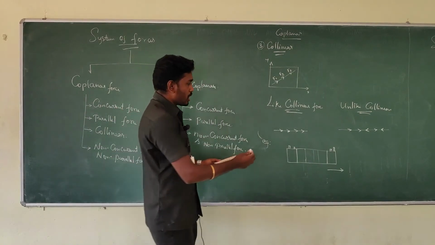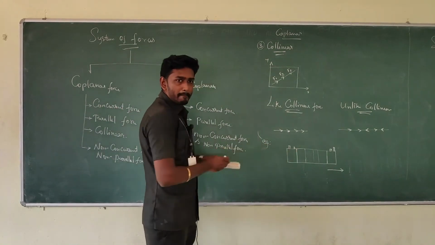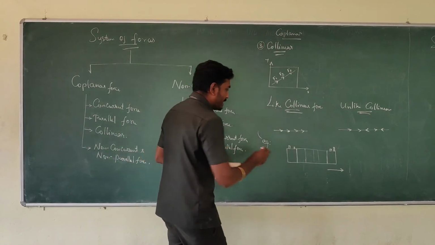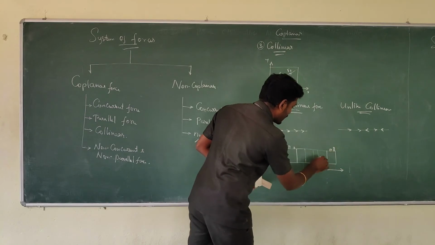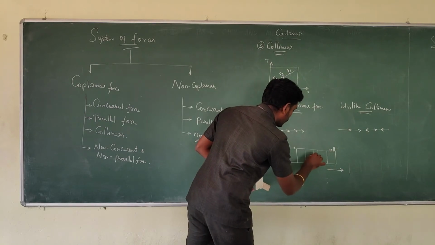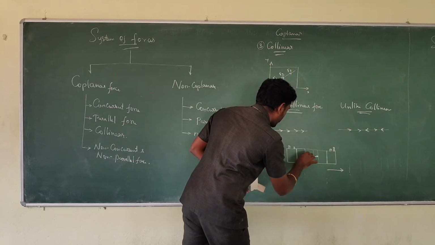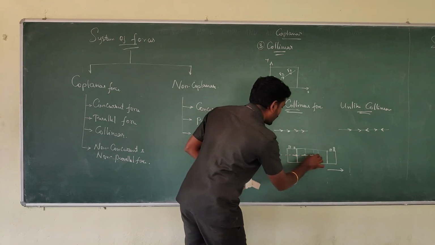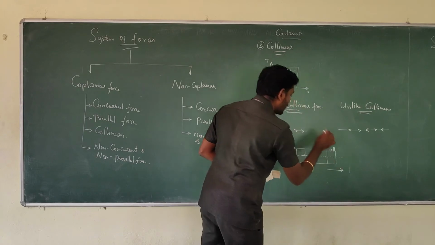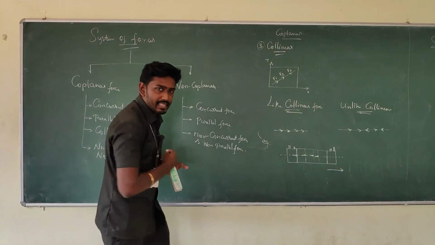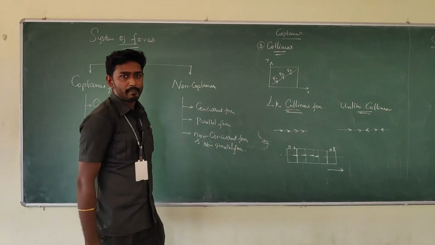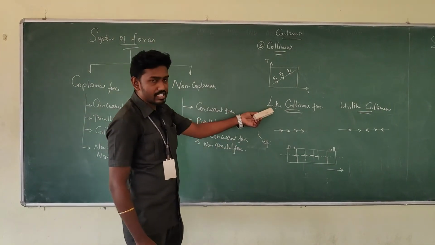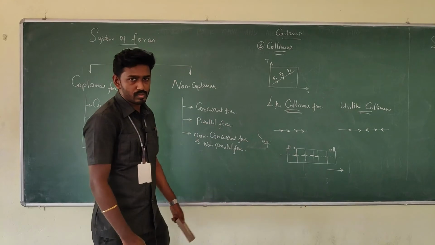Each and every compartment is connected to one another, right? So when the engine moves forward, all the compartments move in the same direction, and the line of action of each and every force acting on the train will be in the same line. So the train is the best example for like collinear forces.